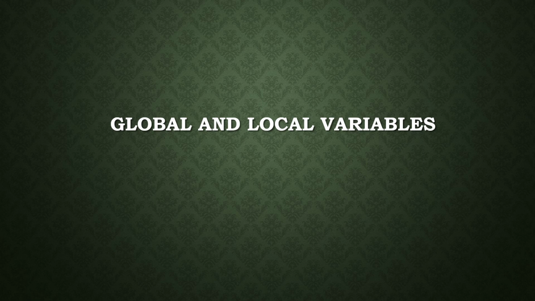So within the main function, whatever variables you have declared till now are actually local variables, because the scope, or the lifetime, of those variables is within the main function only. Outside the main function you cannot access those variables.